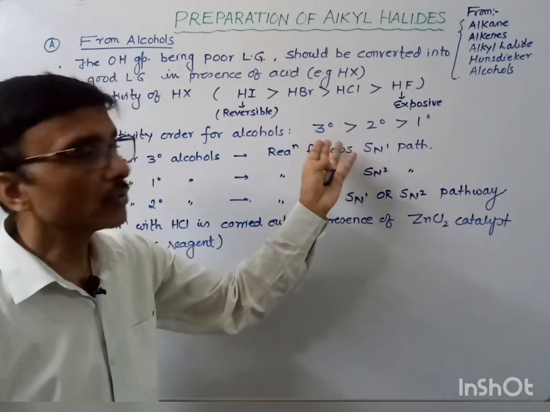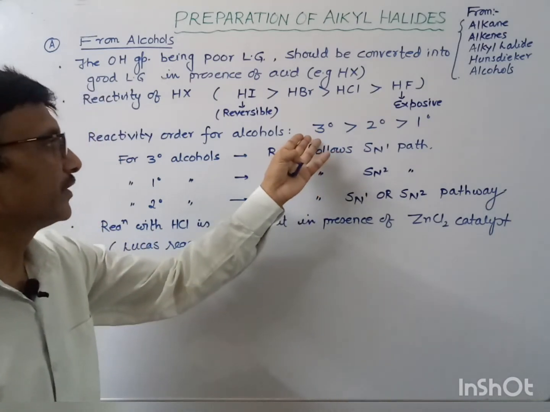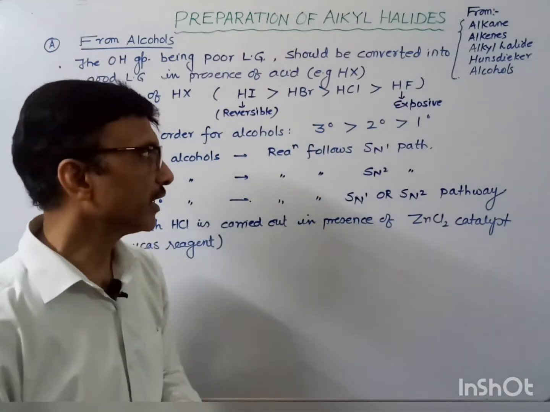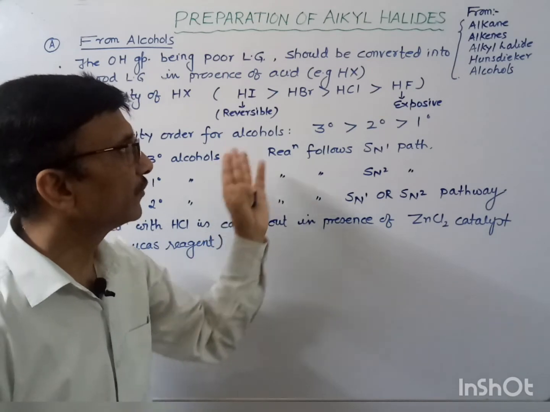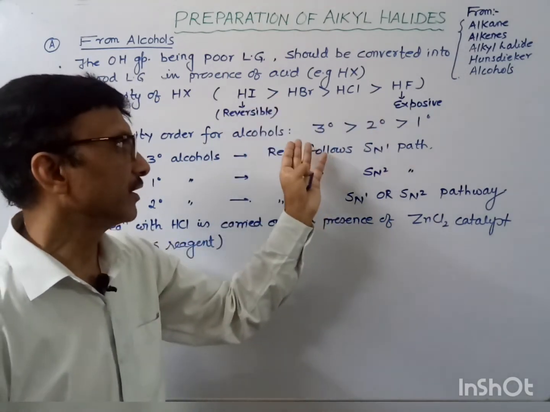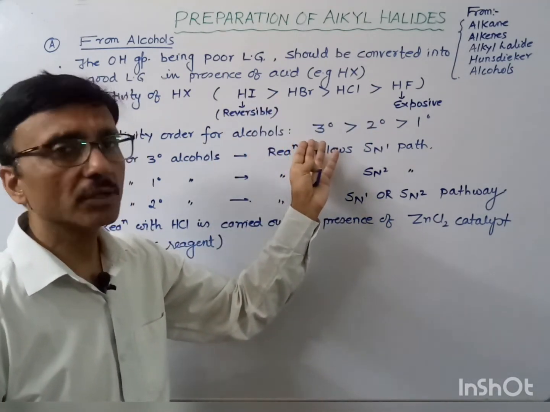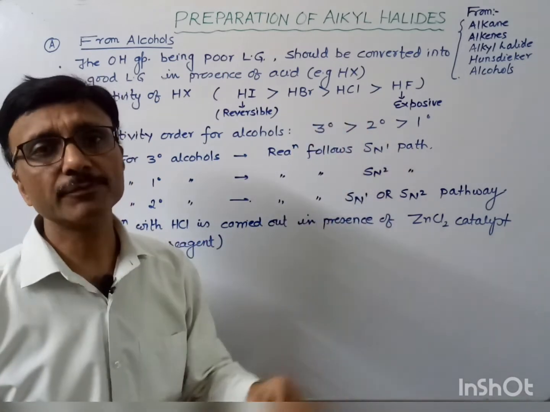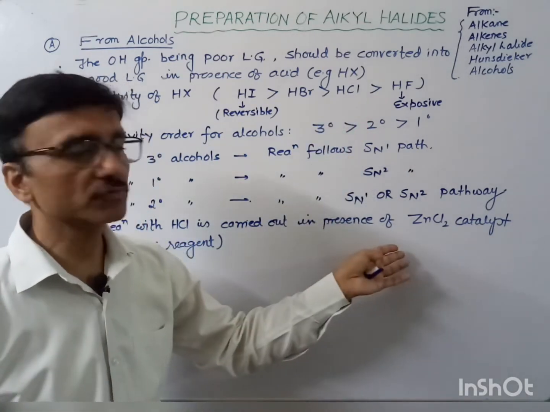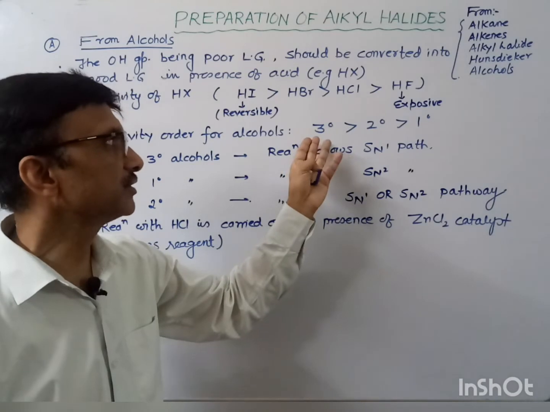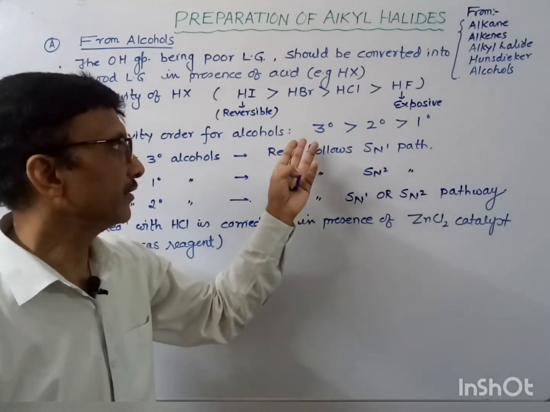Now this tertiary alcohol, no doubt, because the reactivity order for this tertiary alcohol is very high, so the reaction with HCl may take place, and that may take place in absence of ZnCl2 catalyst, because this tertiary alcohol being the highly reactive one.